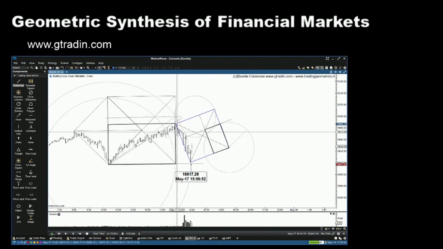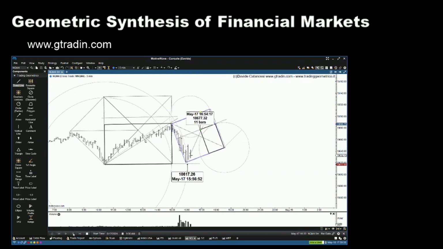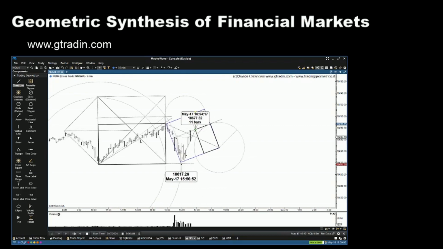So let's go and see the next level, which precisely falls into this point here. Therefore, a resistance, one of the possible resistances, and it is the ratio of the golden section on its reciprocal, moreover a ratio that had also characterized the previous day.